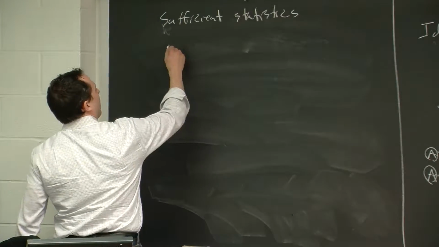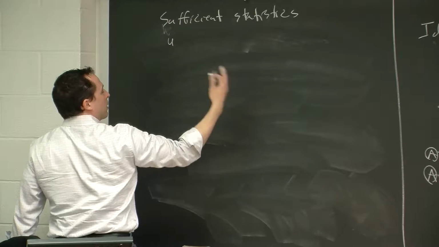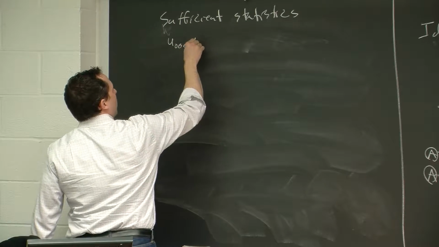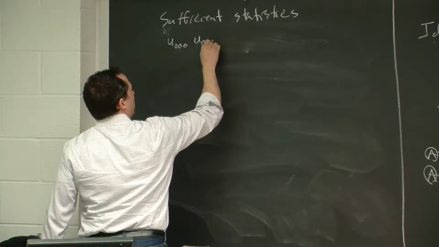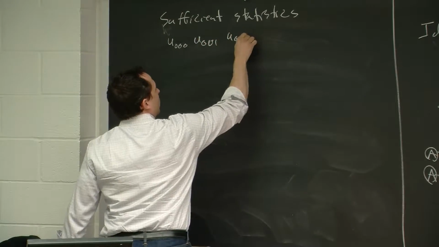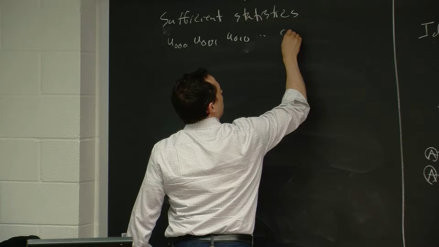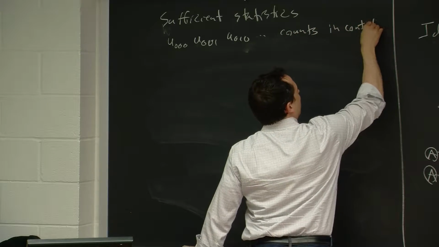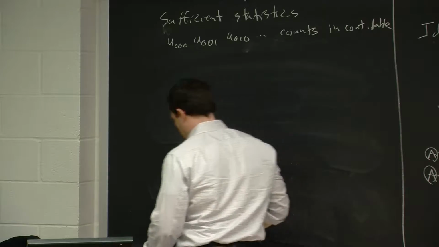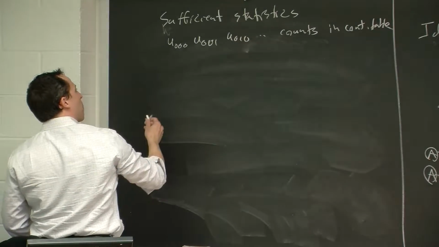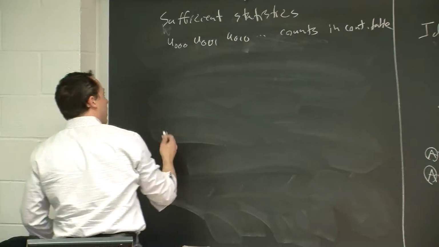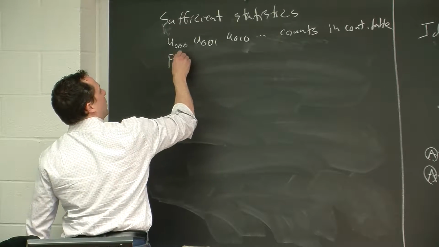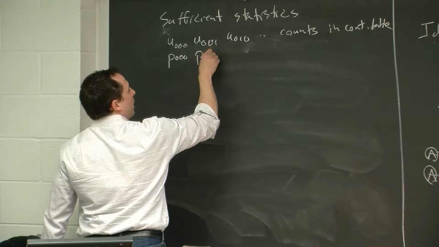We can think about this in terms of a matrix, where on the top we have 0, 0, 1, 0, etc. I can think of them as counts in the contingency table. You can also write n for that if you would like. Or we could think about there being probabilities that we estimate.